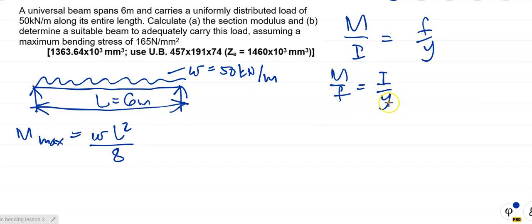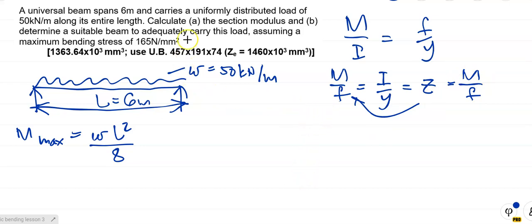But what's I over Y equal to? I over Y is equal to, that's right, you remember, I'm sure, section modulus. There we go. I over Y is equal to Z, which is section modulus. So that means Z is also equal to the moment divided by the stress.